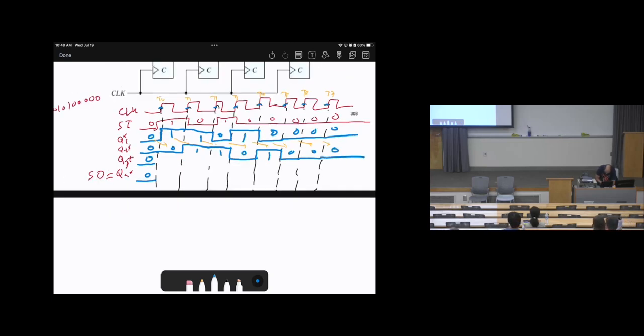Then for the third one, we will move this. So it will be 0, 0, 1, 0, 1, 1, 0, 1, 0, 0. The outputs, the last one, also shift them 1 bit.